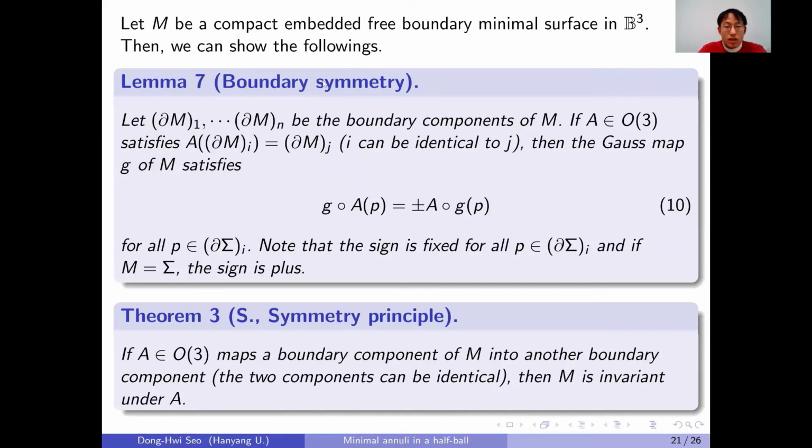So we have a boundary symmetry that says if we have n boundary components, and also an orthogonal matrix A that maps a boundary component into another boundary component, then the Gauss map image at AP is equal to plus or minus the composite Gauss map at P. And this sign is fixed for all points in the boundary component.